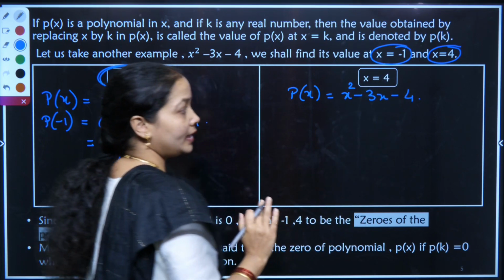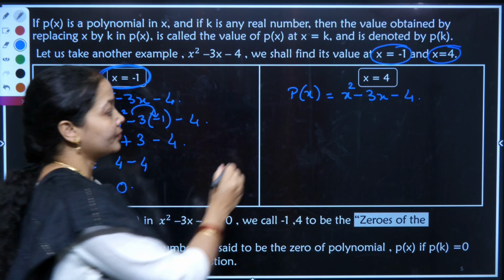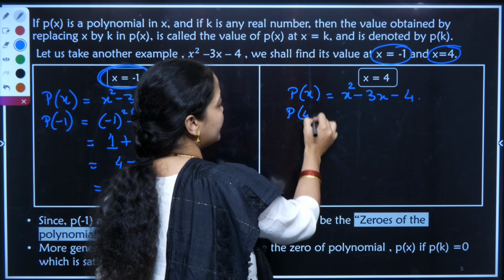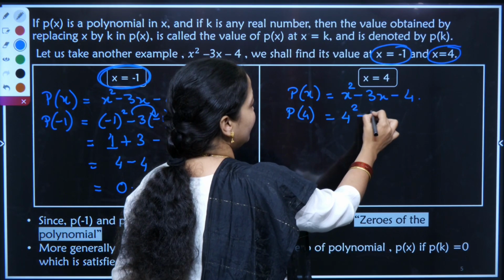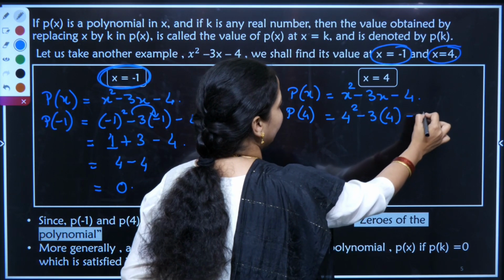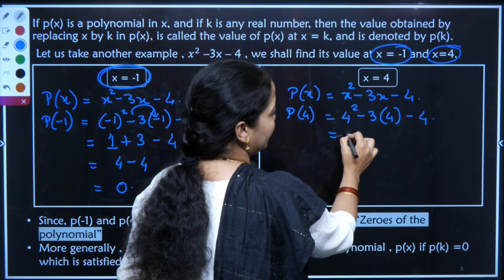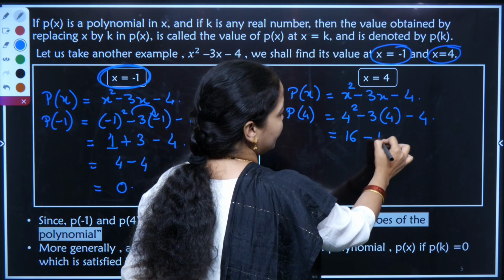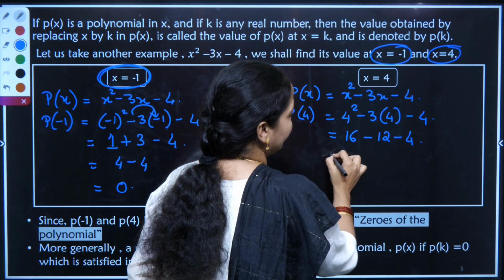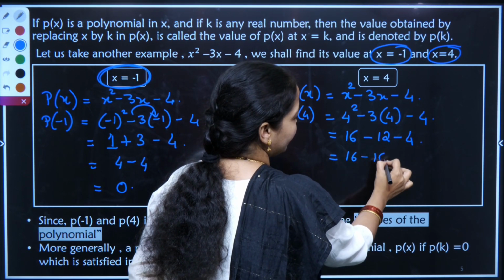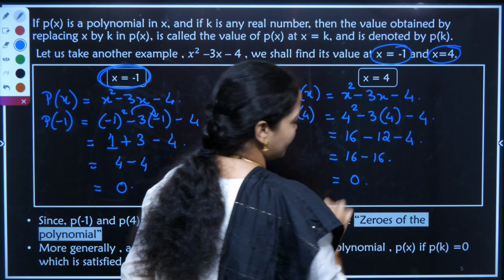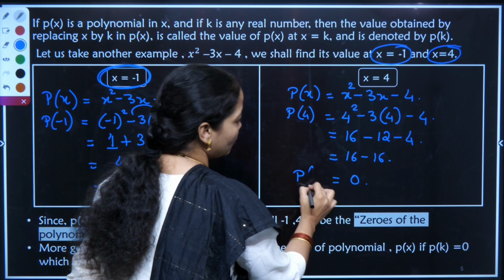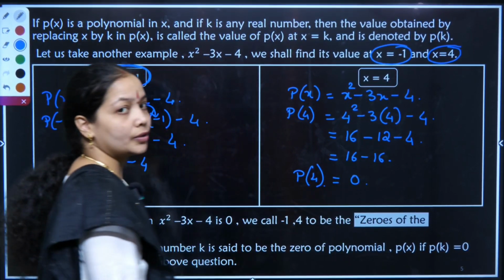I am substituting the value of x as 4. So p of 4 is now equal to 4 square minus 3 into 4 minus 4. So 4 square is 4 4s are 16 minus 12 minus 4. Therefore 16 minus 16, again the value is turning 0. So p of 4 is also equal to 0.